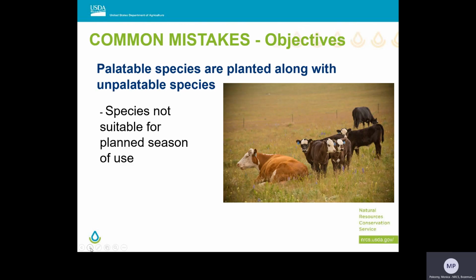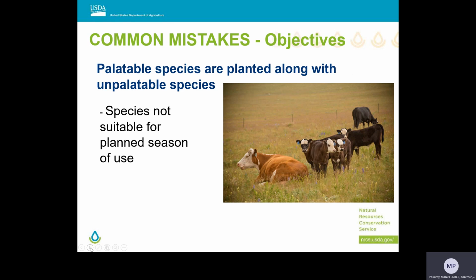Another common mistake that can be made is planting palatable species with species that are not palatable. This can lead to overuse of the really palatable species and underuse of the other less desired species, depending on what your grazing strategy is going to be. Another common mistake might be planting species that aren't suitable for the planned season of use.